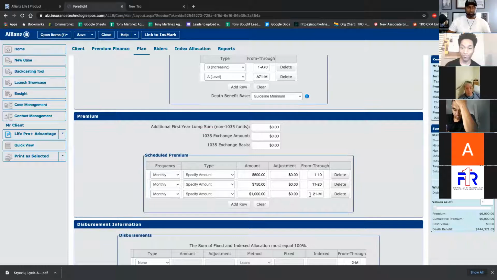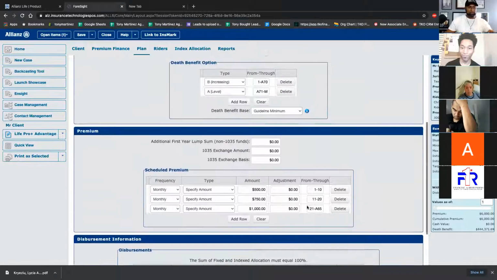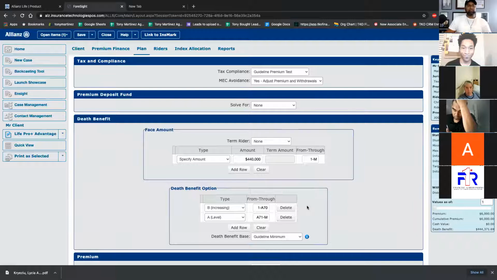That's all I'm doing. And then let's do that from year 21 until, let's go all the way to retirement, until age 65. So policy year 21 until age 65. That's what I just told the computer system I want to do. Guess what's crazy? I don't play with anything else. Everything else stays the same. Tony, you don't touch a single other thing? I don't touch a single other thing. Very simple illustration. So now let's preview this.